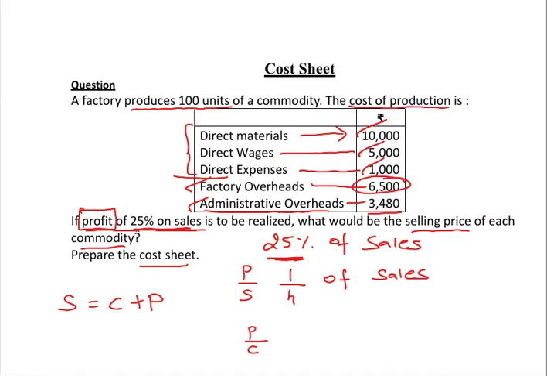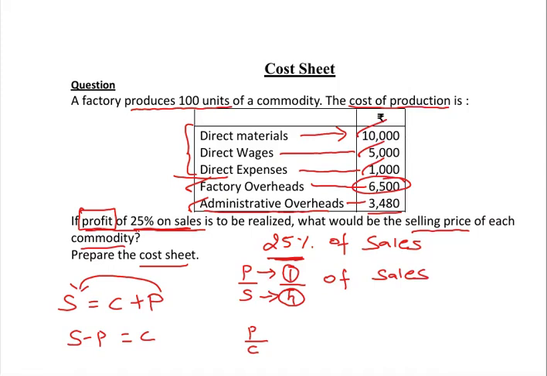We can take the P this side. So sales minus profit will be called cost. What is sales here? 4. What is profit here? 1. Right? Profit is 1, sales is 4. So we have to find the profit on cost.